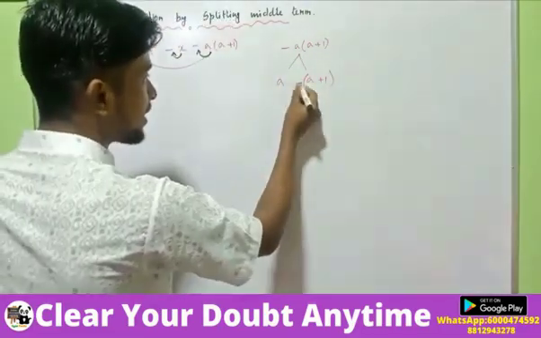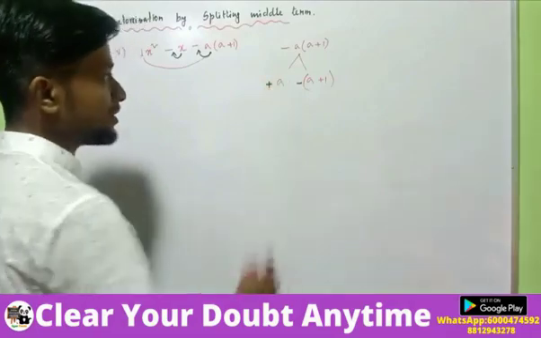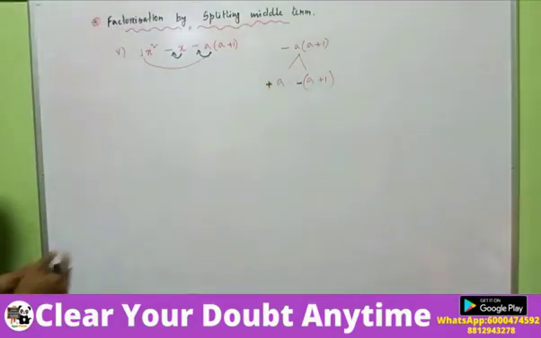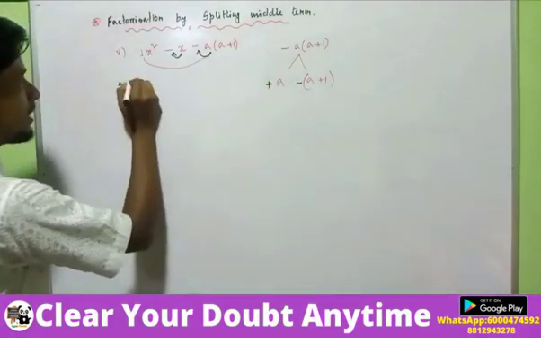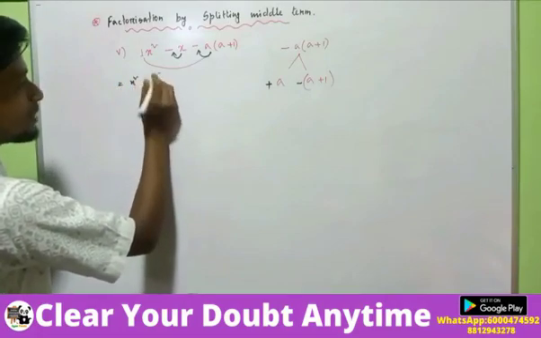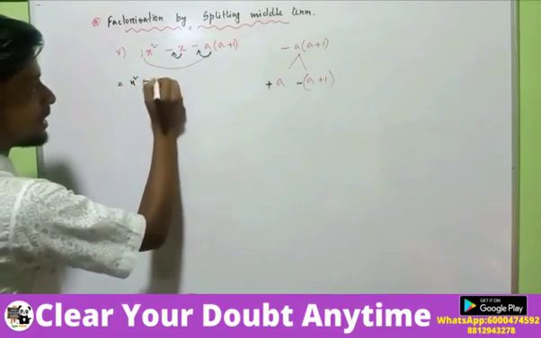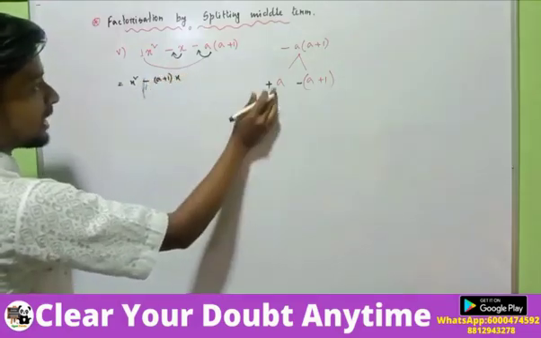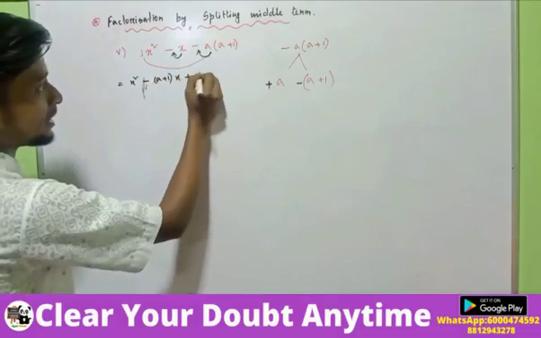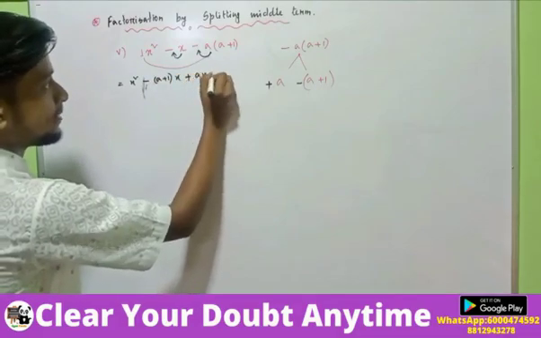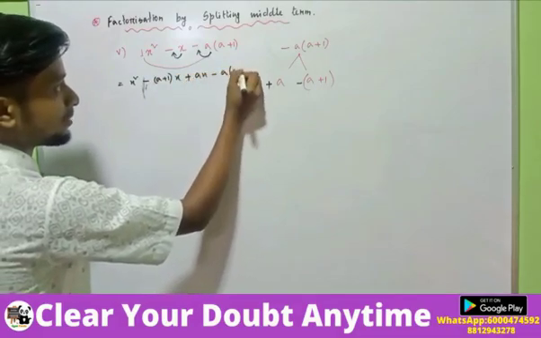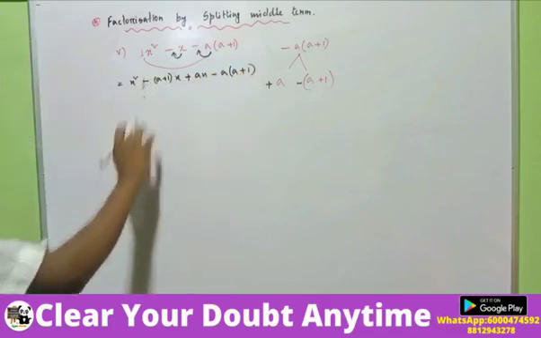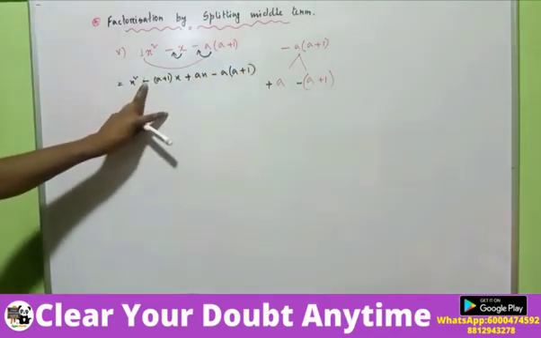So if we take this one as minus, obviously this will be plus. So the split will be x square minus (a plus 1) into x plus ax minus the rest of the terms will be the same. Now check whether it is correct or not.